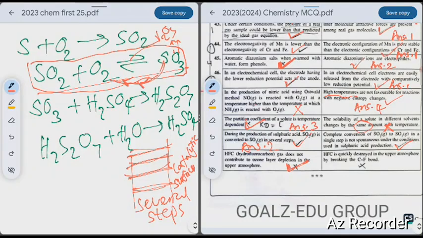Then the second statement, HFC is quickly destroyed in the upper atmosphere by breaking the CF bond. That is totally incorrect. The reason HFC does not contribute to ozone layer depletion is that it does not form chlorine radicals. So this is the end of the chemistry 2023 MCQ paper discussion.